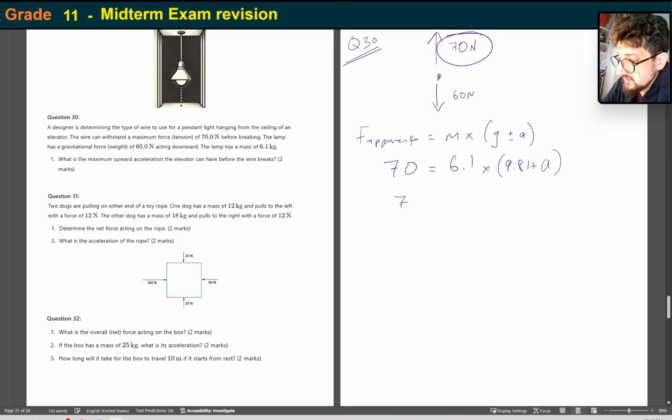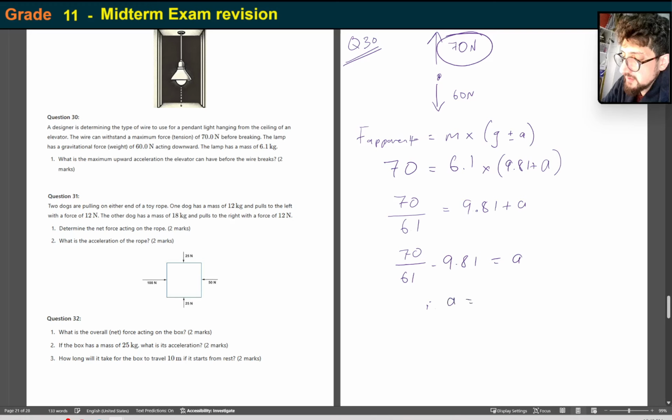So it's 70, first of all, divided by 6.1 is equal to 9.81 plus a, sorry, plus a. And so it's 70 over 6.1 minus 9.81 that equals a.